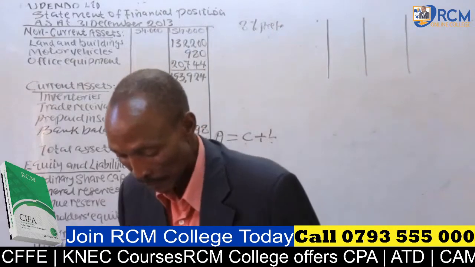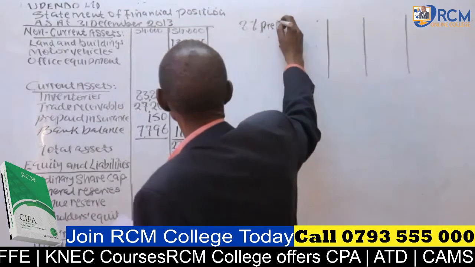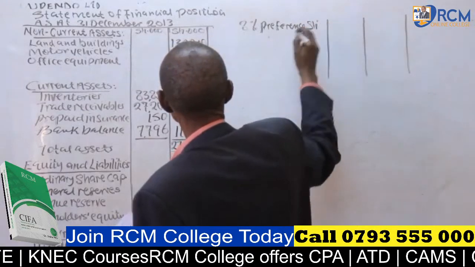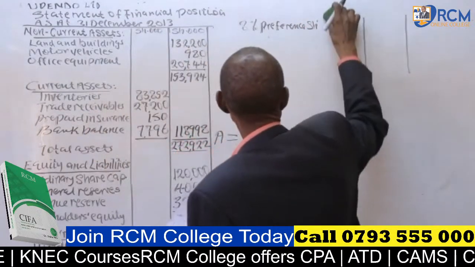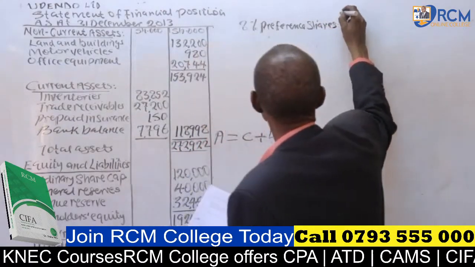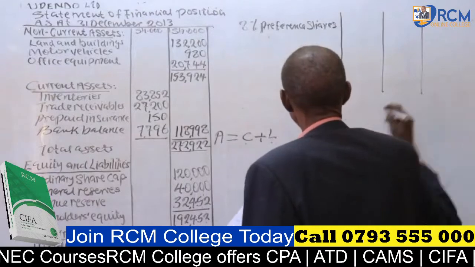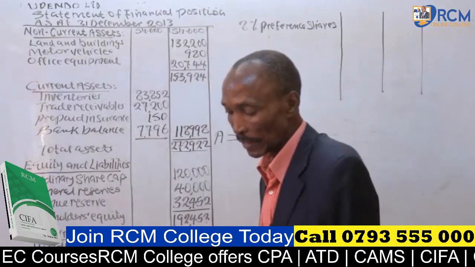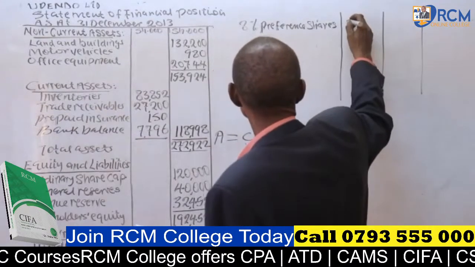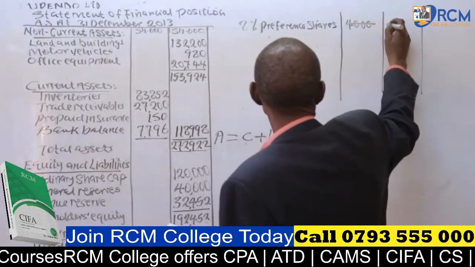Long time, the preference shares were being shown under equity. Now the preference shares in the new standard, IAS 1, the 8% preference shares, the face value, the nominal value of the shares, we had 40 million.